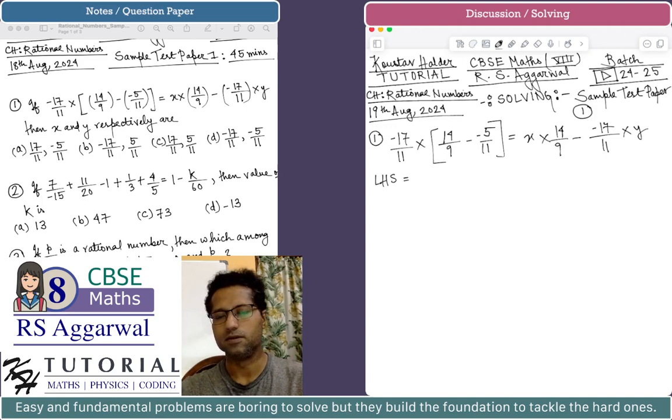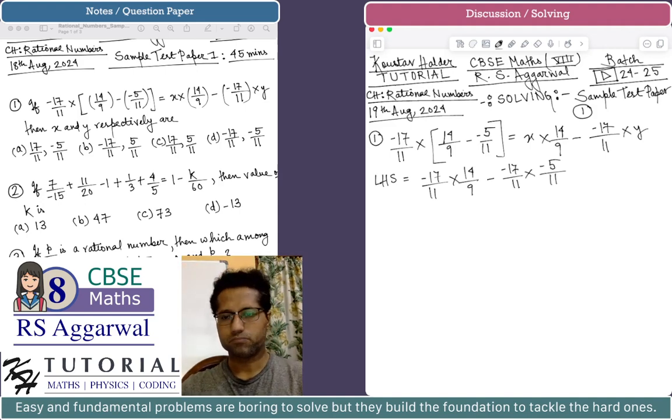Now if I apply the distributive law of multiplication over subtraction, what do I get? I get minus 17 by 11 multiplied by 14 by 9, and then minus 17 by 11 multiplied by minus 5 by 11.